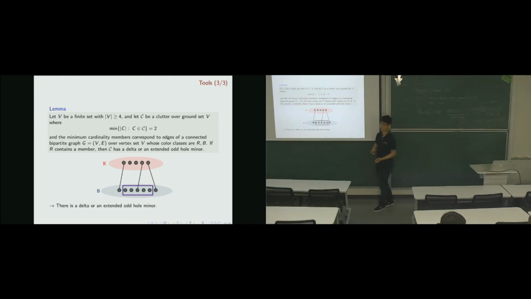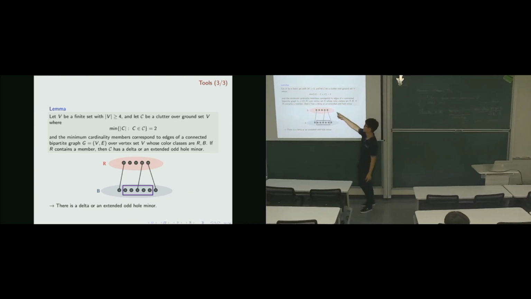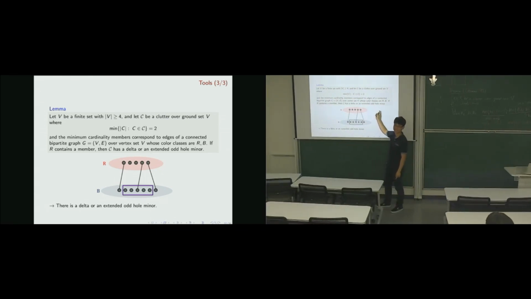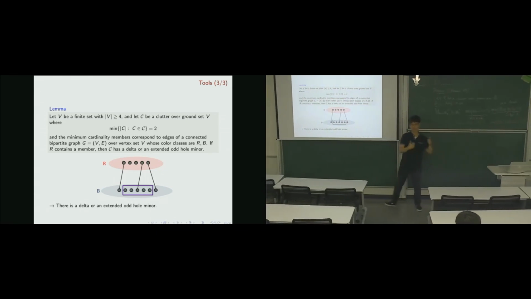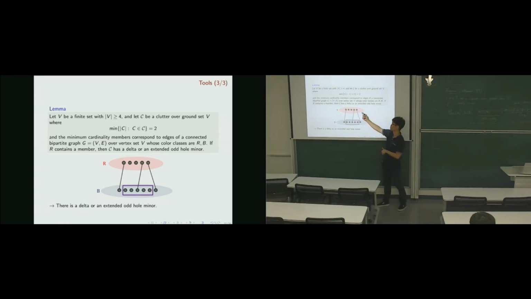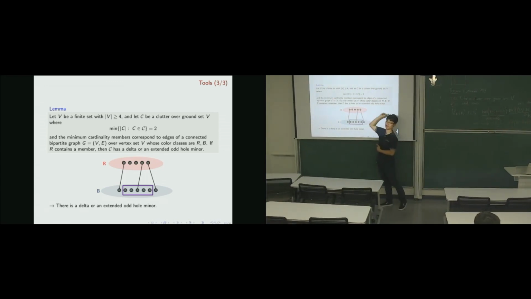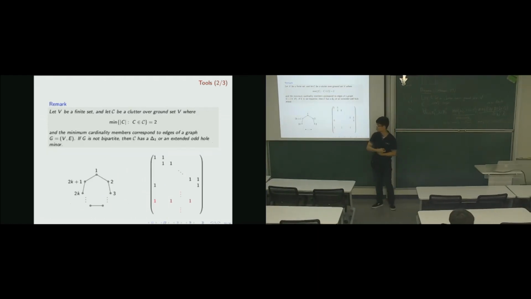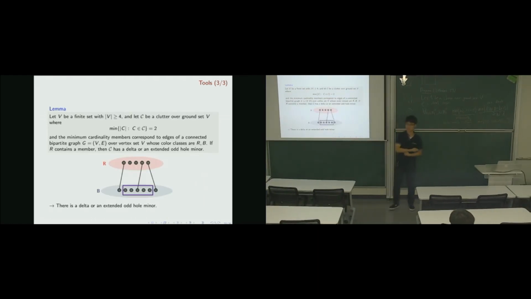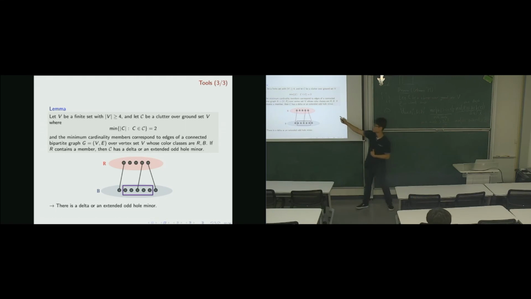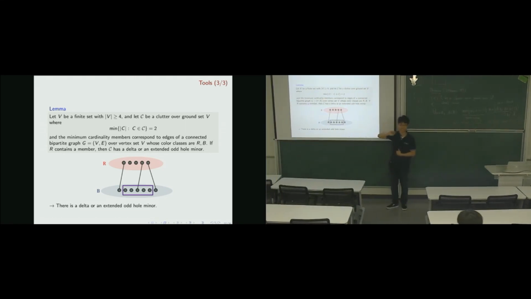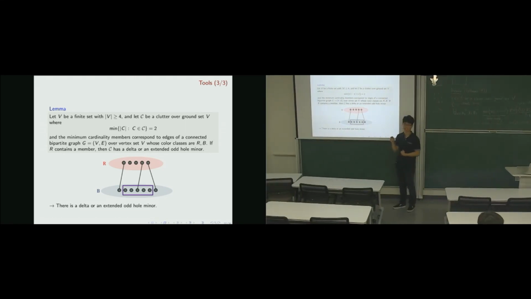Now, if in the blocker you can find a delta or an extended odd hole minor, then if you move back to the original clutter, you get the blockers of these as a minor. So I'm going to apply these two tools in the blocker, and then I can find these as a minor, and then I get the blockers in the clutter.